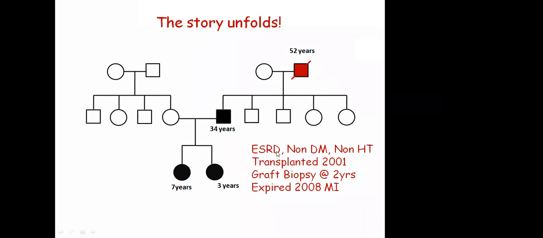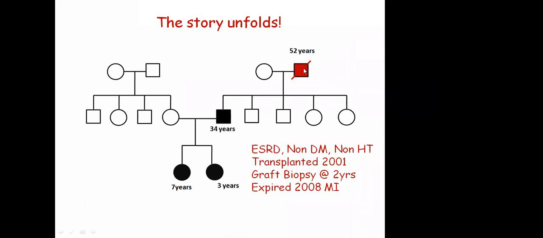There was ESRD in the grandfather at the age of 52. Then her father also had kidney disease at the age of 34, and both the kids, the 7-year-old and the 3-year-old, both had renal dysfunction, or both had proteinuria.